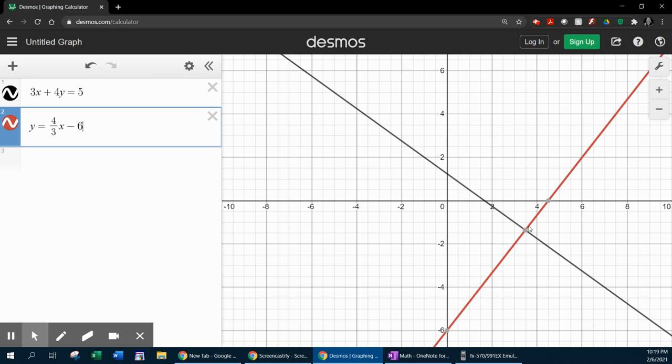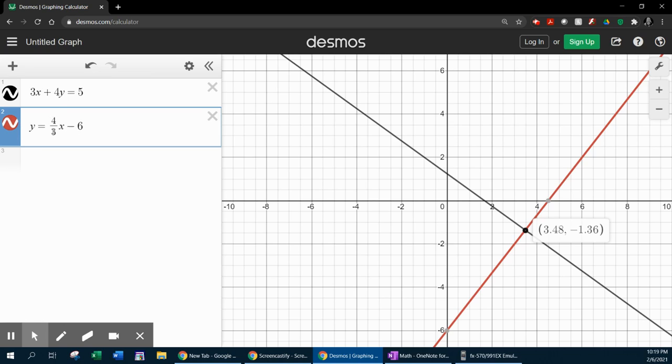And here what I would like you to notice is, if you look at the intersection of these two lines, do you see it looks like they're a perfect plus sign? That means that they're going to intersect at a 90-degree angle, which means they are perpendicular, which is what it needed to be. It needed to be perpendicular to the black line.